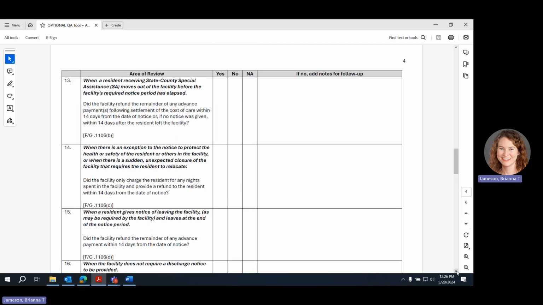The 13th area of review: when a resident receiving State/County Special Assistance (SA) moves out of the facility before the facility's required notice period has elapsed, did the facility refund the remainder of any advance payments following settlement of the cost of care within 14 days from the date of notice, or if no notice was given, within 14 days after the resident left the facility?